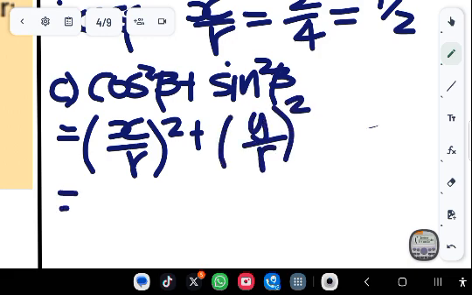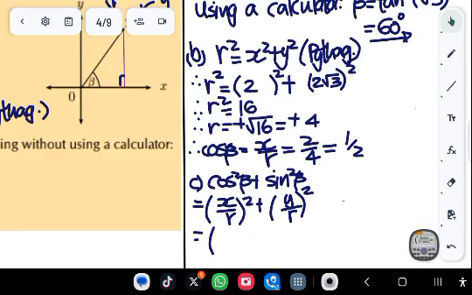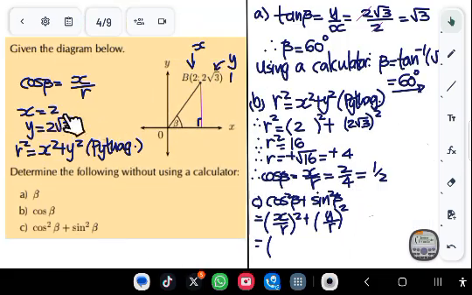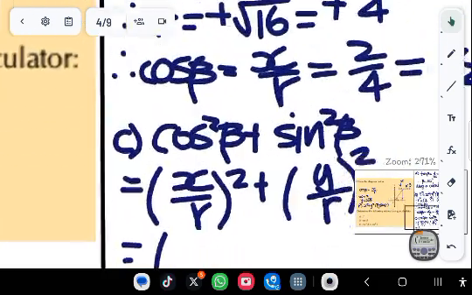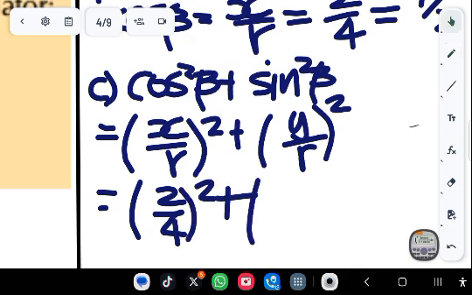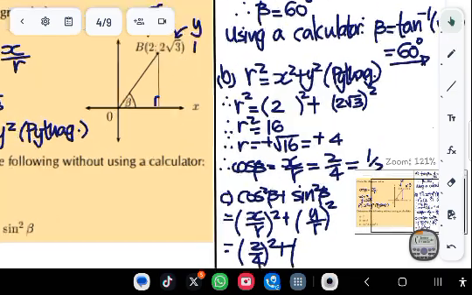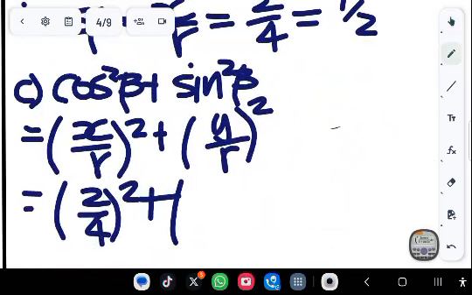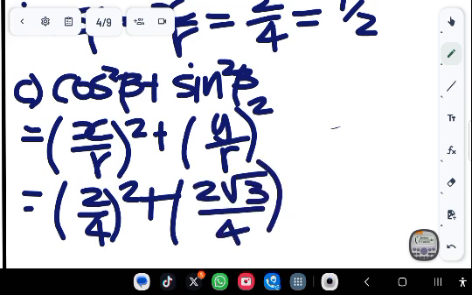That will be equal to, x is 2, r is 4, so 2 over 4 all squared, plus y is 2 root 3, 2 root 3 over 4 all squared.